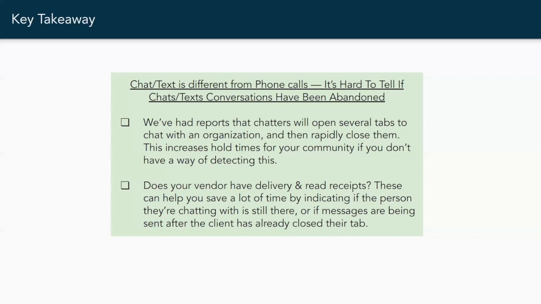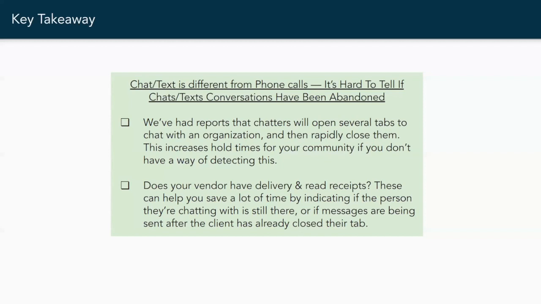And so the advocate might have to wait for a certain amount of time to make sure that the chatter is no longer there, or they might be sending messages into the void, and the chatter is gone from the computer, or done with the chat.